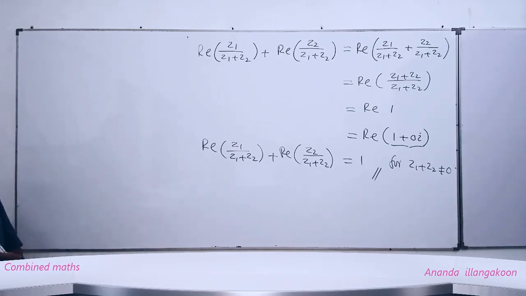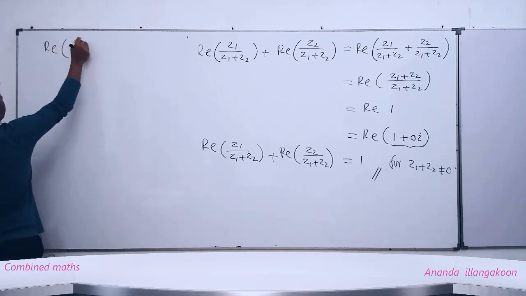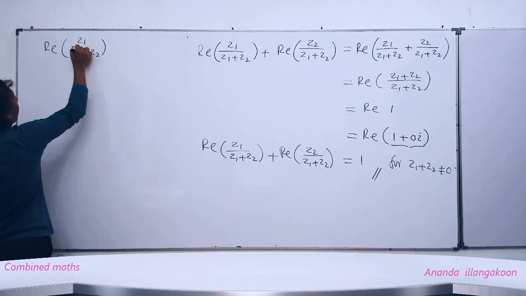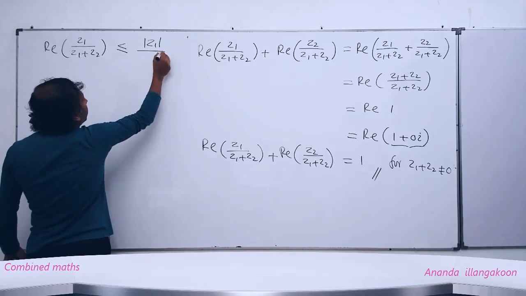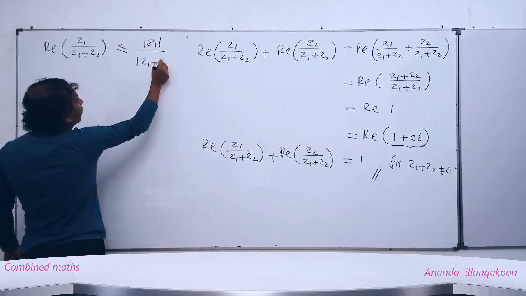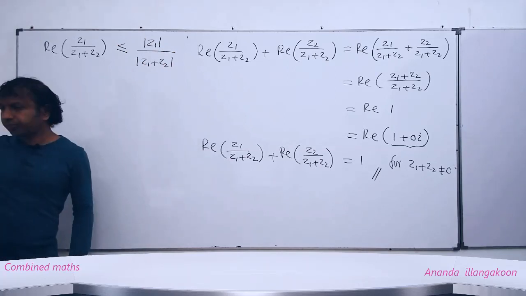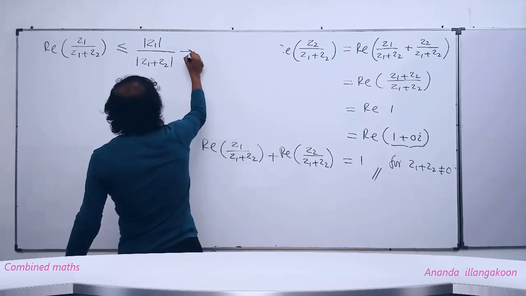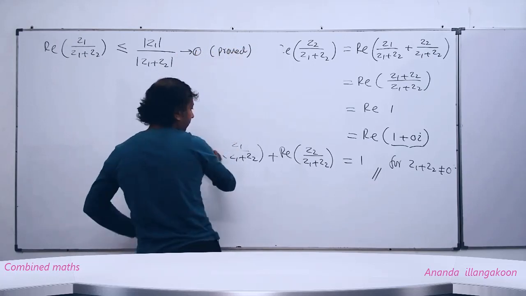We proved, at the very beginning of this question, that the real part of Z1 divided by Z1 plus Z2 is less than or equal to mod Z1 divided by mod Z1 plus Z2. We proved this. Take this as 1, proved.